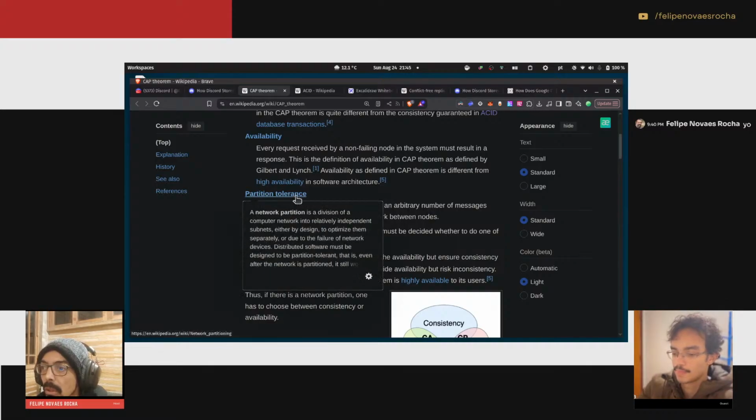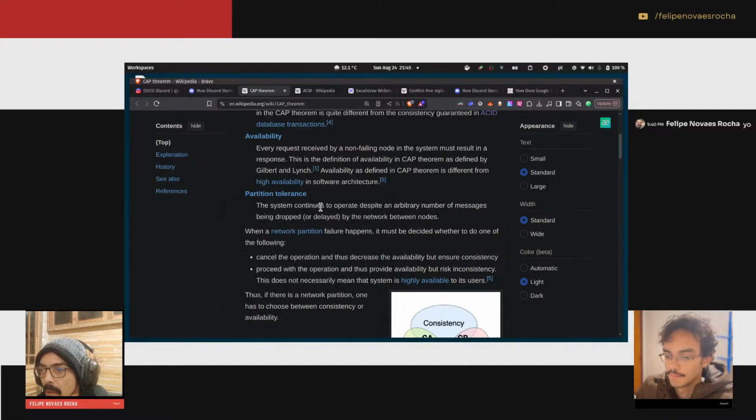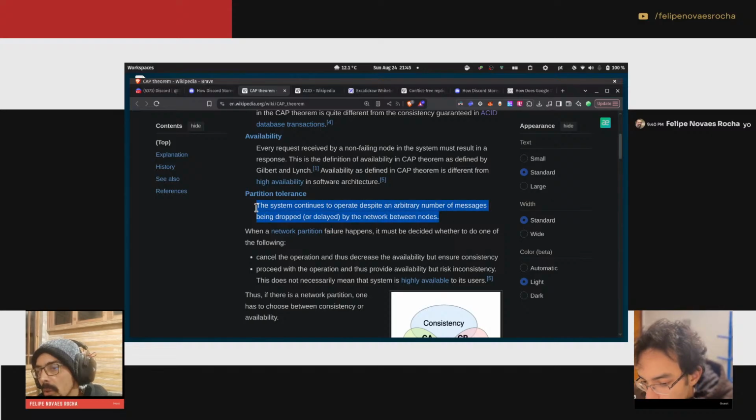And partition tolerance. The system continues to operate despite an arbitrary number of messages being dropped or delayed by the network between the nodes.